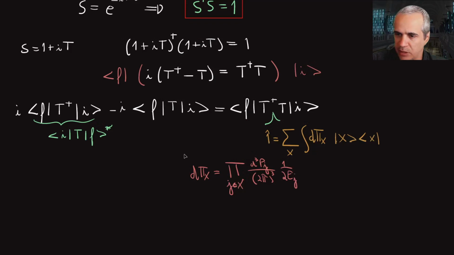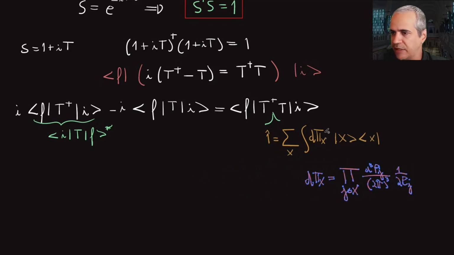So I'm using the relativistic normalization for those states, and I'm simply integrating over all the momenta of all the particles in here. I'm just taking an n particle state and integrating over the momentum of each of those particles, and I'm putting this in here.